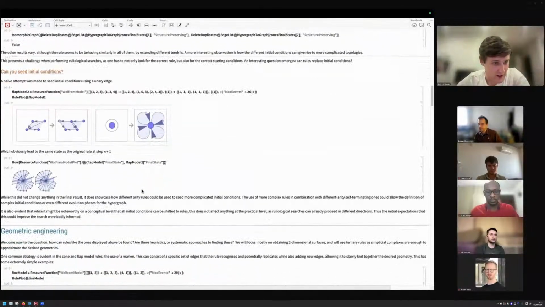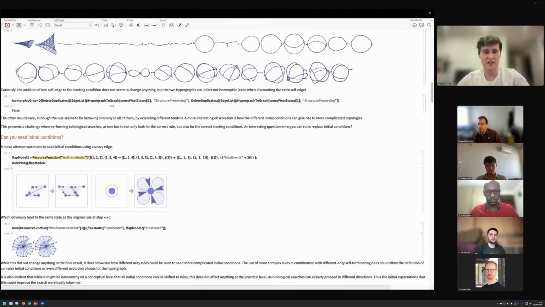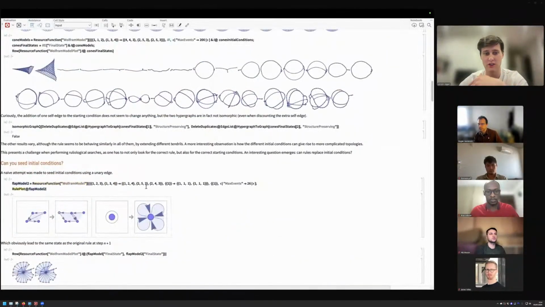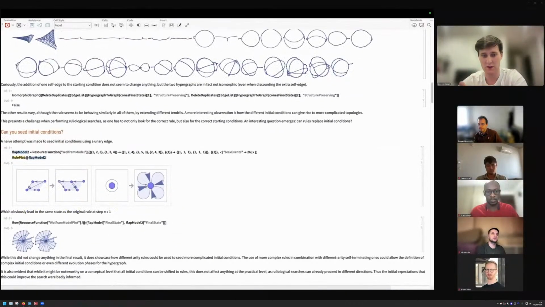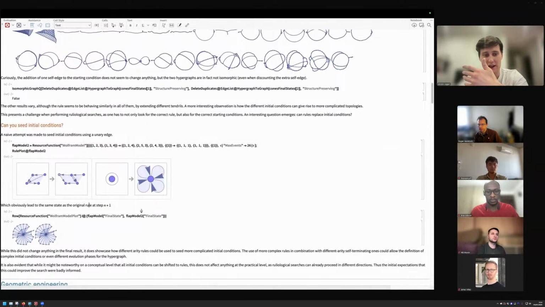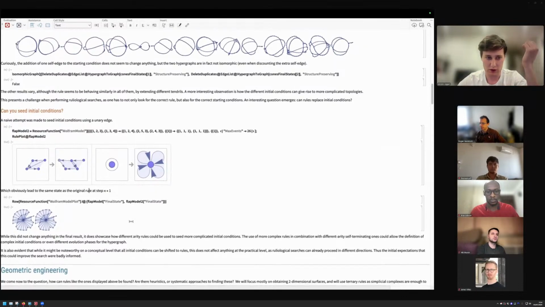There was also an attempt to seed initial conditions. This example shows that it's important to search not only the space of rules, but also the space of initial conditions. So the idea was, what if I only have to search in the space of rules?